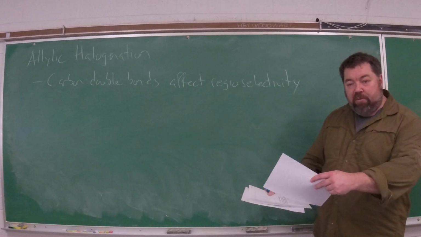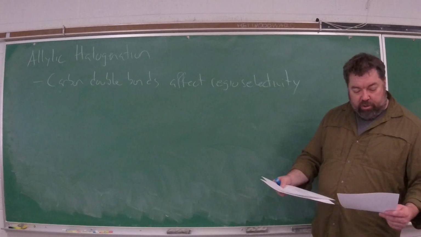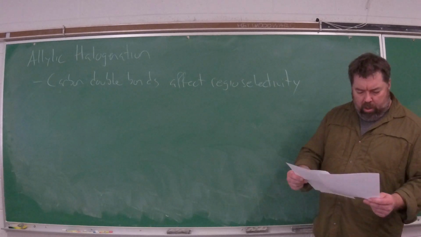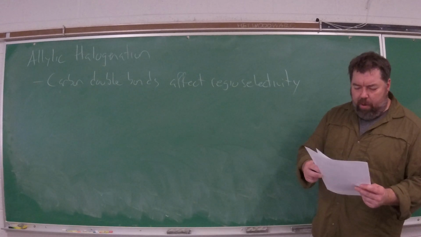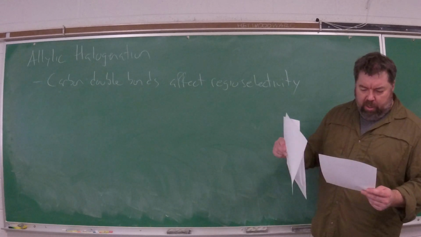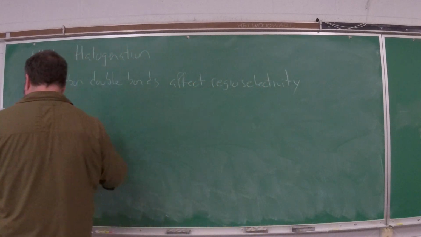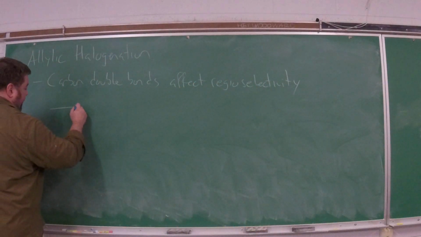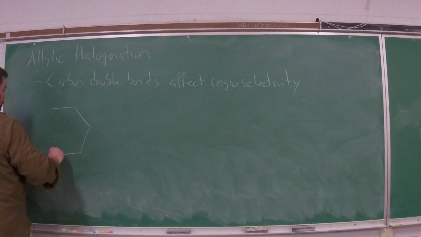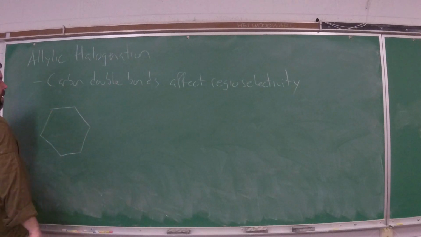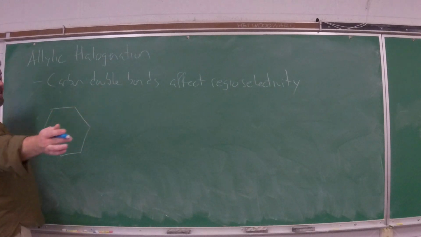And then it can react with the resonance structure or the original structure. That's not going to come up in our original example. It's going to come up in an example I'll show you at the end. Anyway, let's go back here first. Getting ahead of myself. So carbon double bonds affect regioselectivity sometimes, okay?